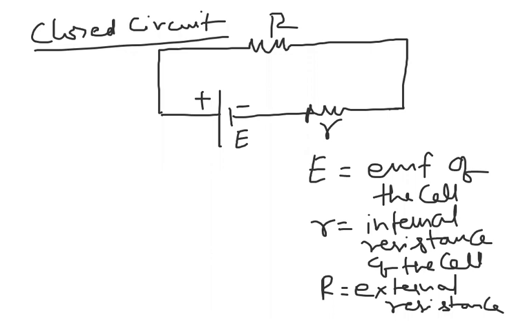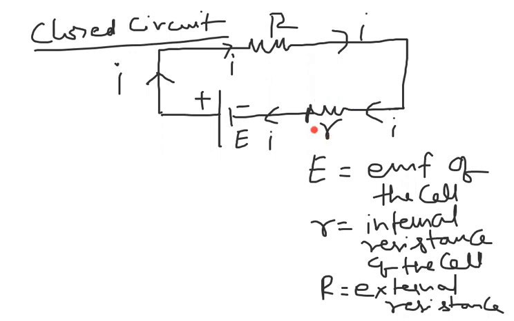But here the current always flows from the positive terminal of the cell and enters the resistance, and again through the inside of the cell it will travel like this. So small r originally lies inside the cell only. We are representing it outside, but originally it lies inside the cell. This is called internal resistance.